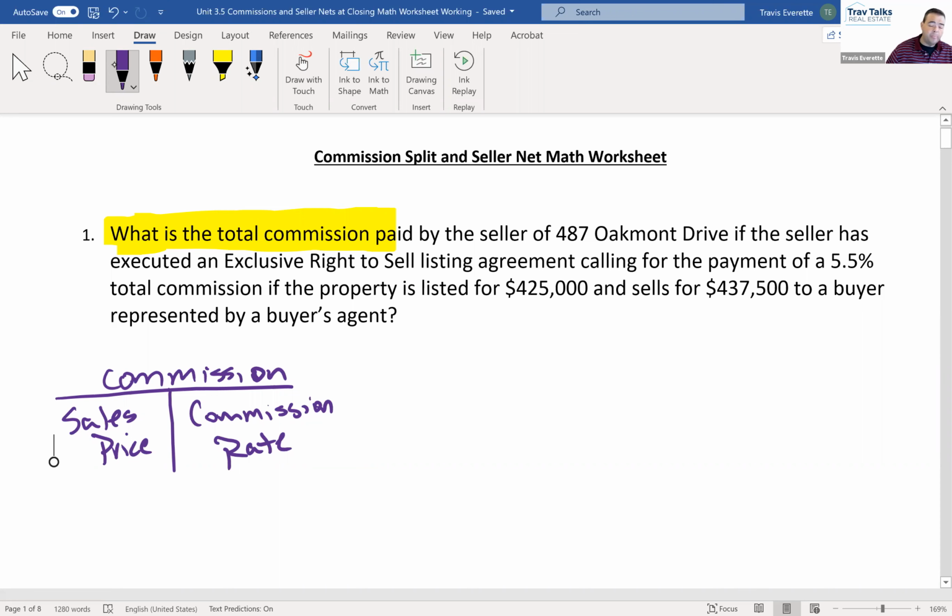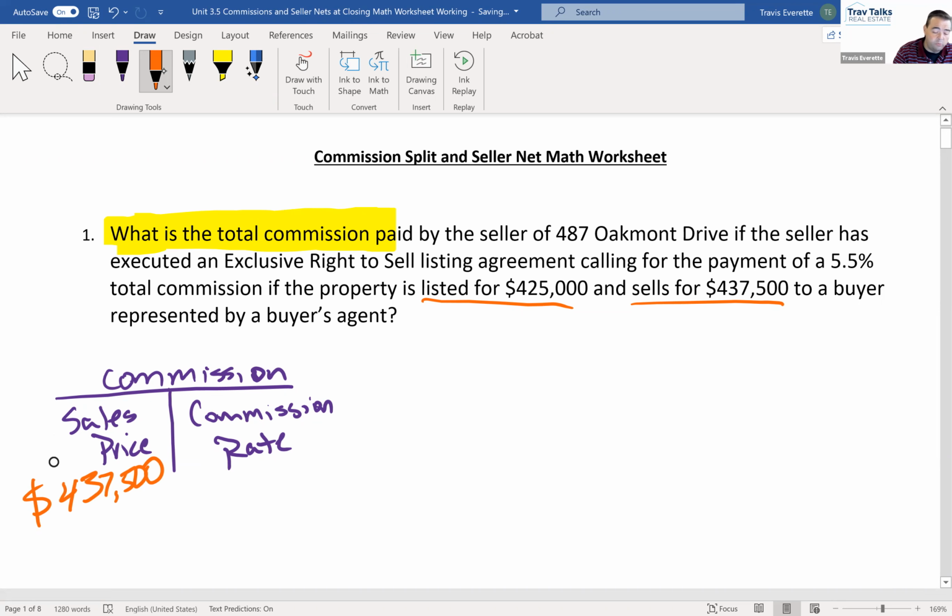Of these two numbers, I know sales price is the number that matters, because it might sell for more or less than the list price, but when we talk about calculating commissions, it will always be on the test for your purposes, and almost always in the real world, calculated based on what the property actually sells for, not what it's listed for.